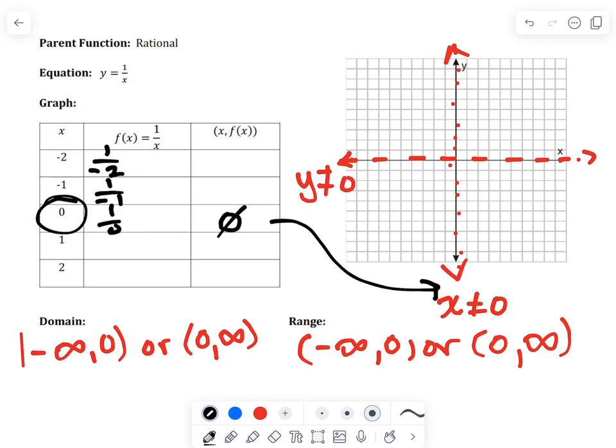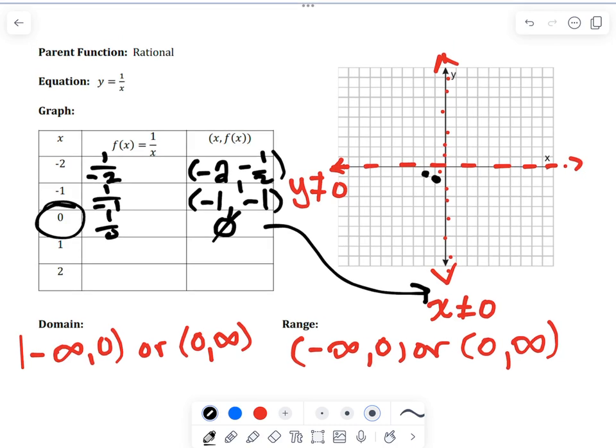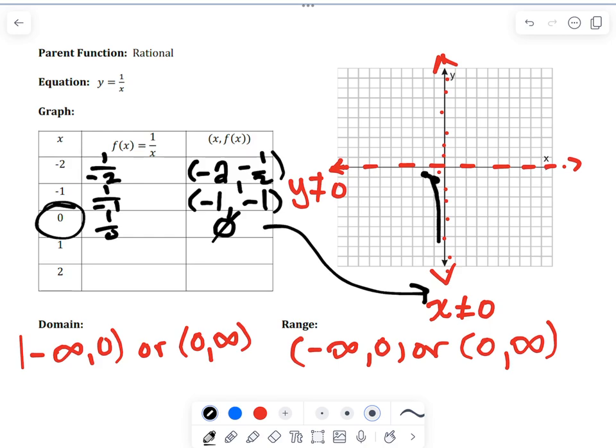Now if I simplify those fractions, -2 gives -1/2, -1 gives -1. So I'm going to go left 2, down 1/2, left 1, down 1. That's going to create this curve as we approach those red lines. That's why I graphed the asymptotes first.